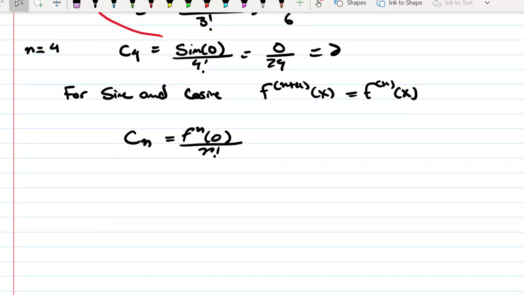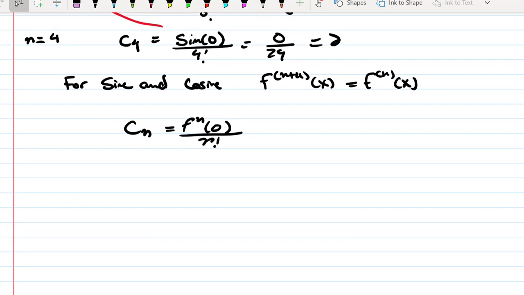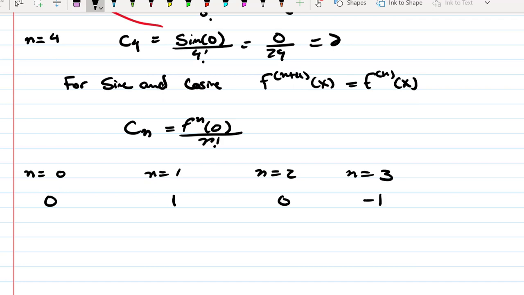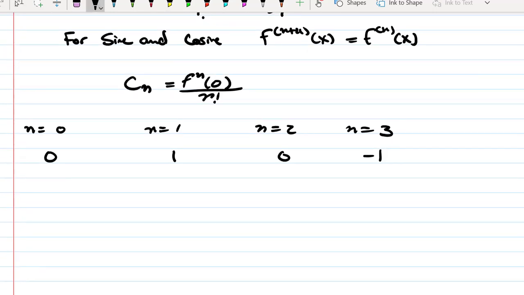So our pattern for sine is going to look like this. So we have n equals 0, n equals 1, n equals 2, n equals 3. And this is our pattern for sine. We're going to have 0, 1, 0, negative 1, and we're going to cycle. So then it looks like we're going to skip all of the even numbers.